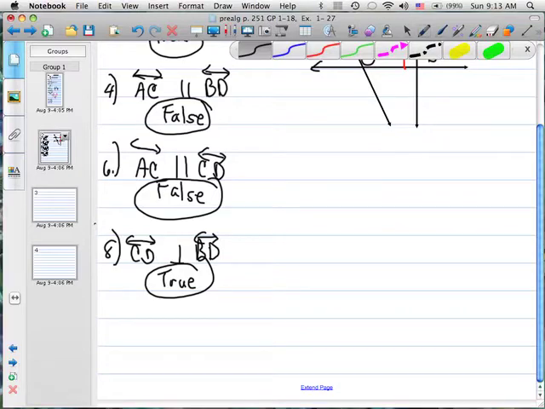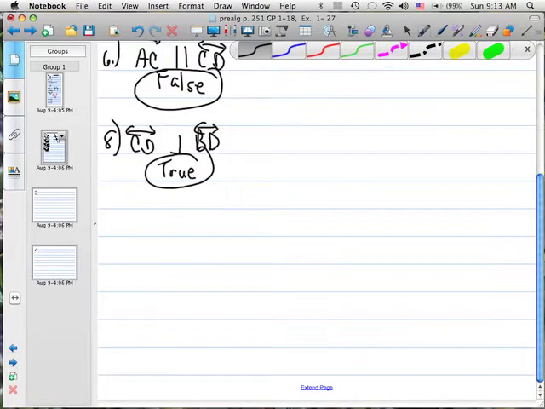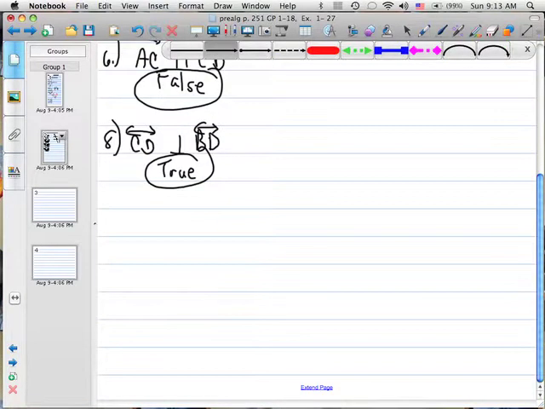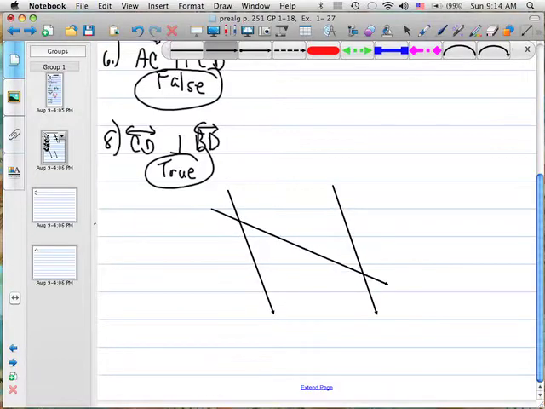The next set of problems, 9 through 14, we're going to draw the figure and put in all the values for the angles because we have 2 parallel lines cut by a transversal. So draw your 2 parallel lines, draw the transversal, and put in the numbers for the angles.